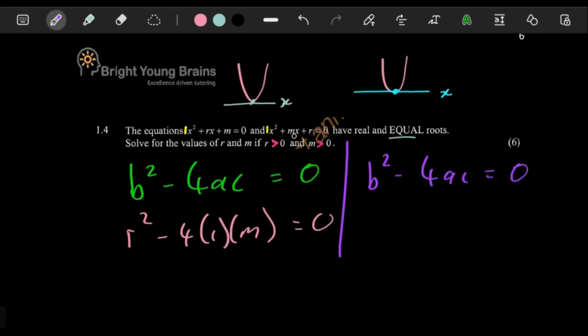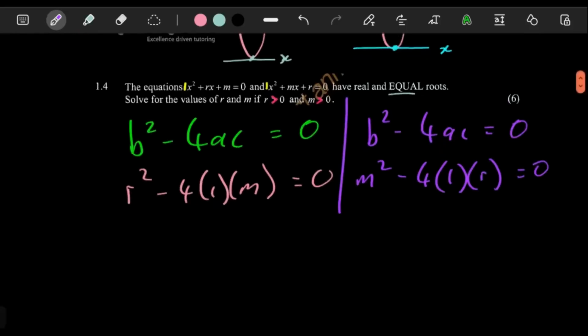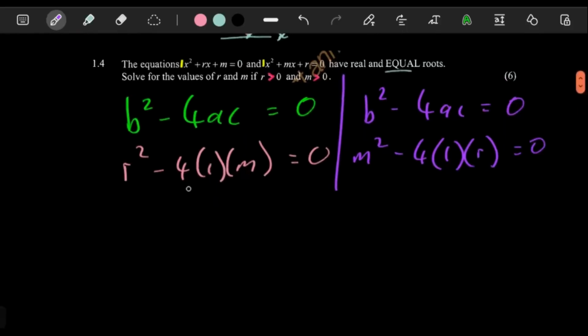So our b here is m, our a here is also 1, our c here is r. So we could actually work them out simultaneously. Here we can isolate, let's see, r squared minus 4m equal to 0.